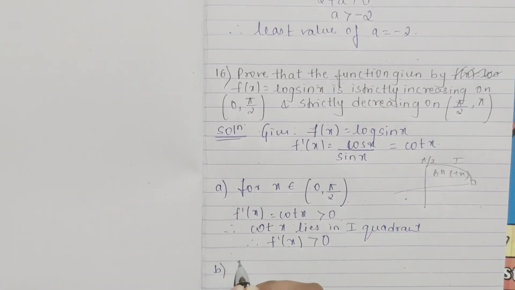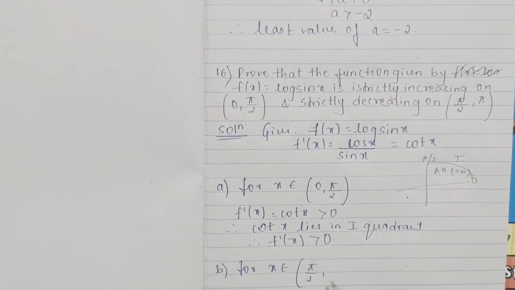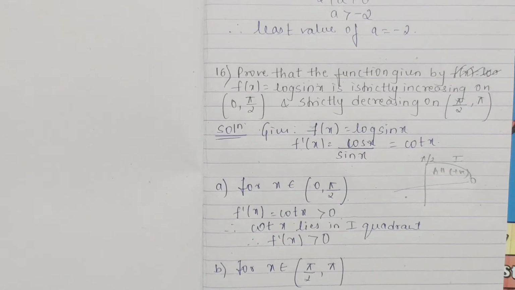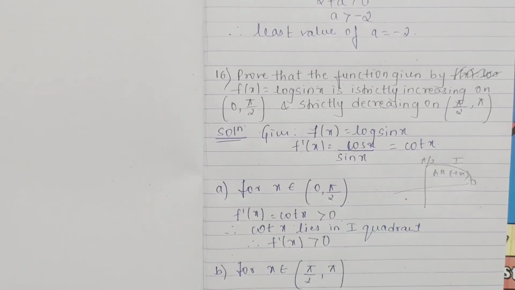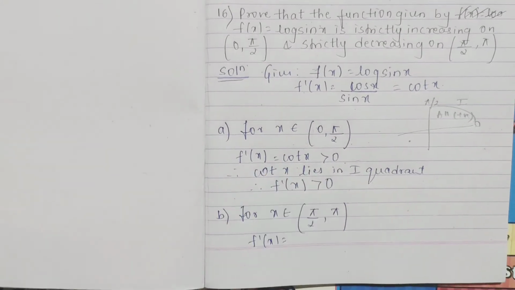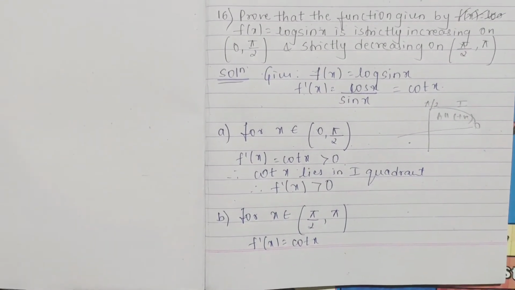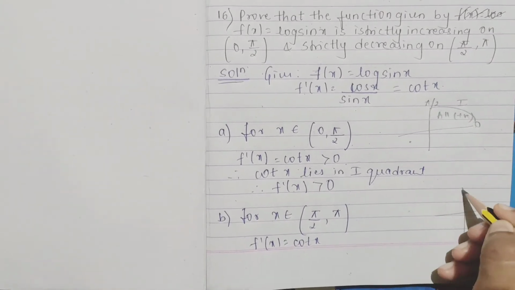For part b, for x belongs to pi by 2 to pi, you have to show it is strictly decreasing. Your f dash of x is cot x, and pi by 2 to pi is the second quadrant.